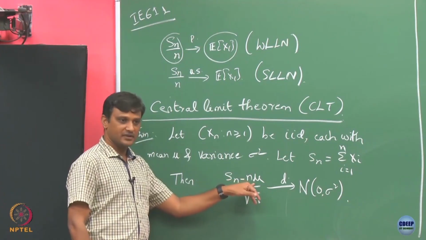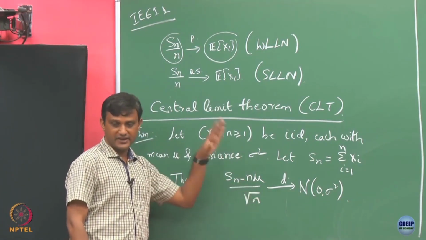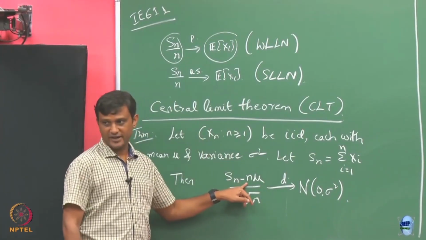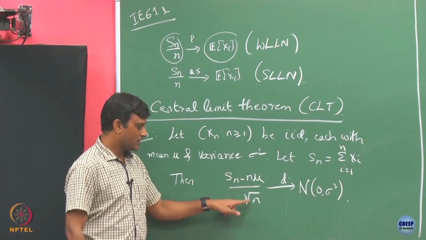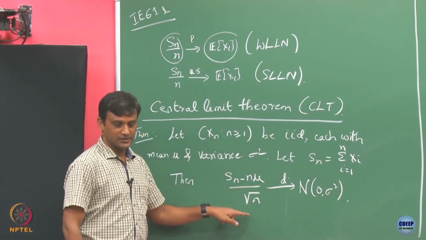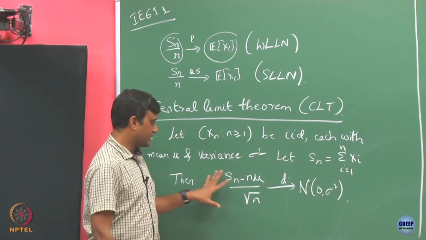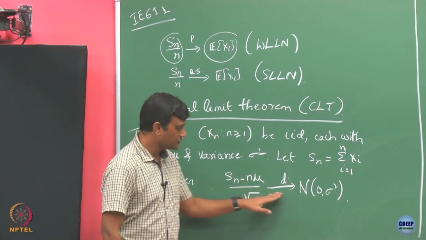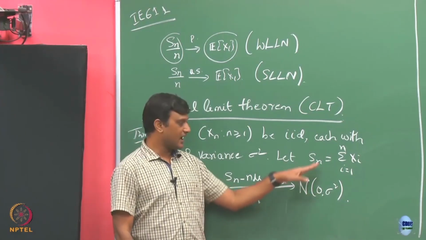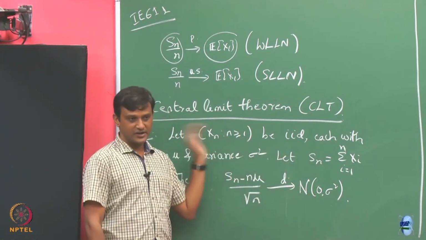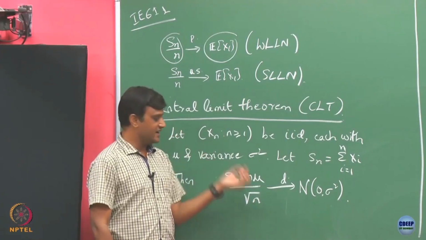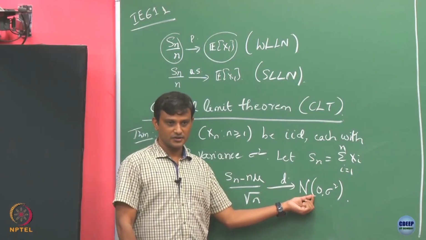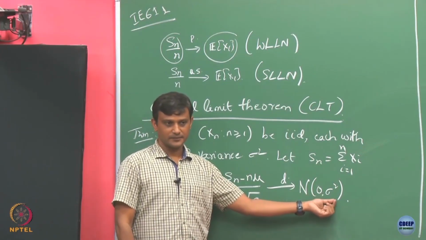So I am basically subtracting the mean, so it is centered, a zero mean random variable Sn minus n mu, and then I am normalizing it by square root n. So this is a centered and normalized random variable, and we say that whatever distribution your sequence has, if it is IID, then it converges in distribution to a normal distribution with variance sigma square.